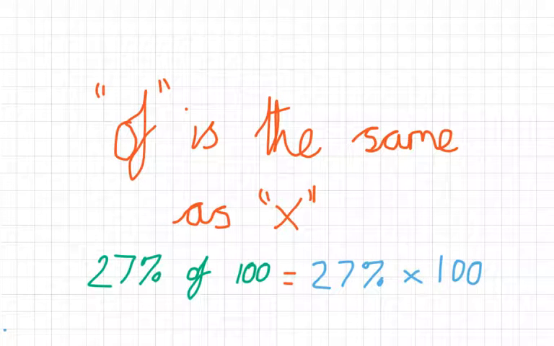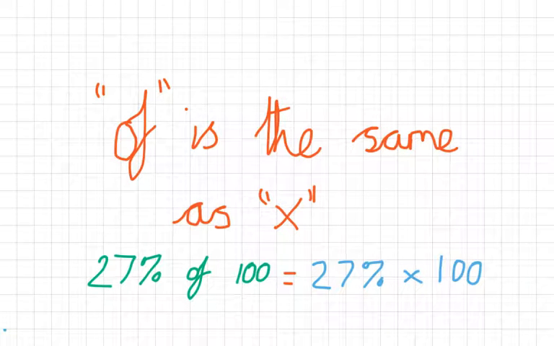Something that you might not need today, but I'm going to keep repeating this over and over again because it's really important you know it. Another way of saying of, as in 27% of 100, is saying multiplied by. 27% multiplied by 100, or 27% times 100, is the same as saying 27% of 100.